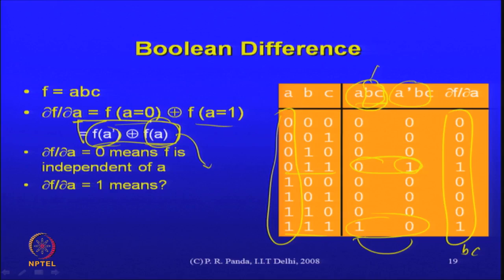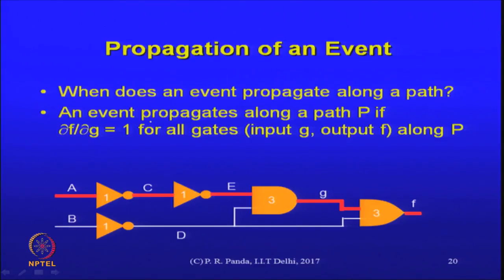The book does have the formal way of doing it, but XOR or any such operation, there is a standard way to do this. Getting back to this question of when does an event propagate along a path, an event propagates along a path P if the Boolean difference for all gates along the path, you see that is one of the gates, right. So, df by dg means for every gate along the path, the Boolean difference of the output with respect to the input that is there in the path, has to be 1.